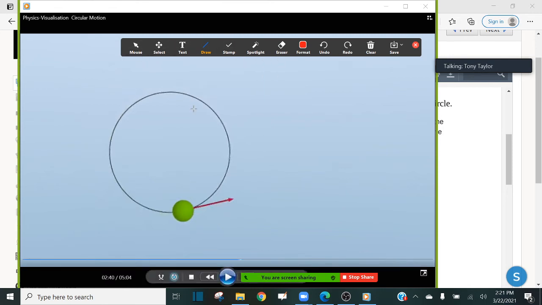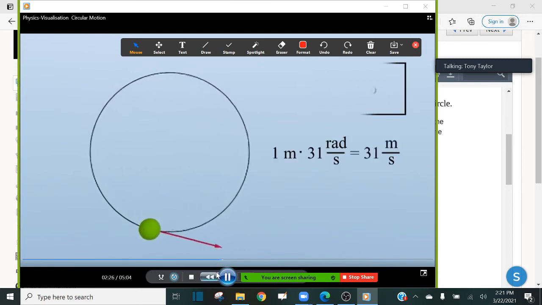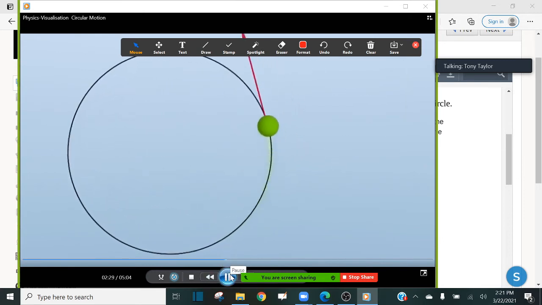So that's what I mean when I talk about tangential velocity. Guys, any object that's moving in a circle has a tangential velocity. Basically, we can visualize the tangential velocity by using a velocity vector. Remember, a vector tells us two things: magnitude and direction.